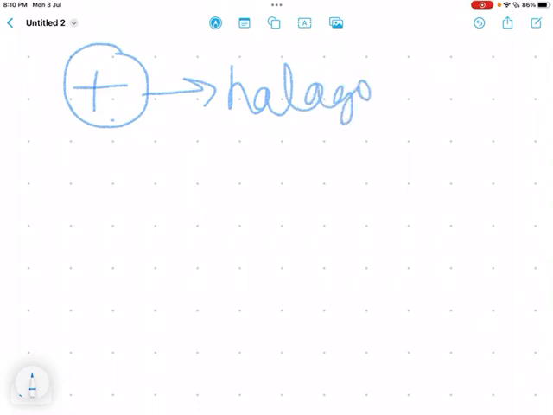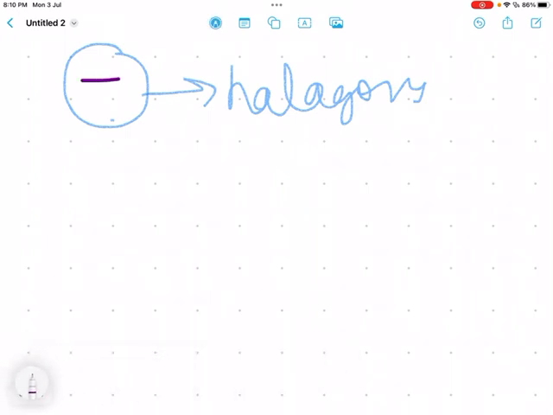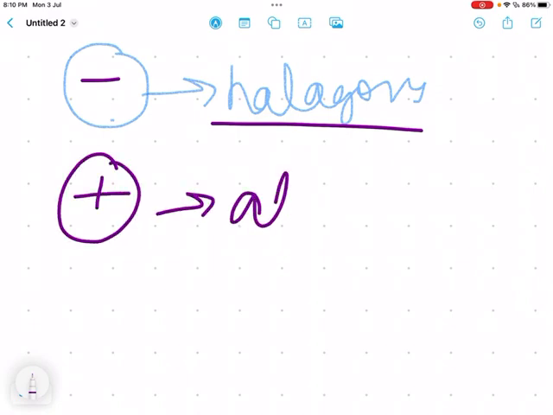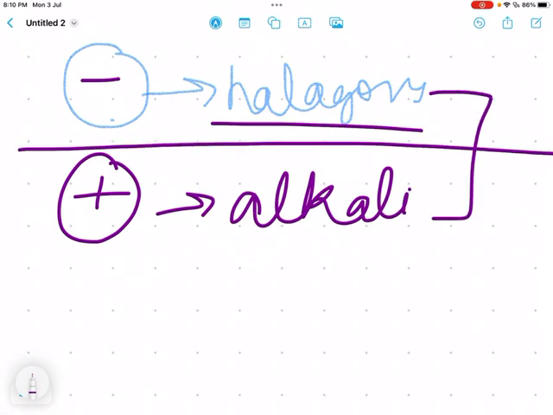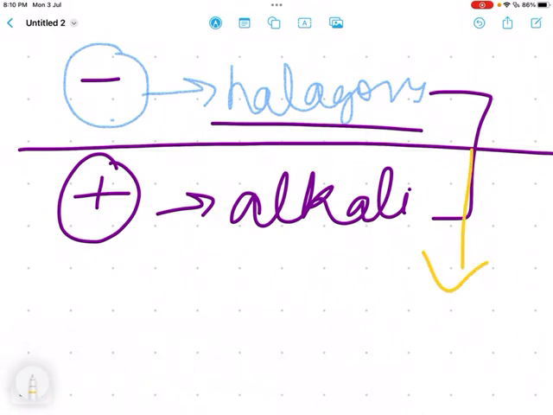Once again: the electronegative halogens and electropositive alkalis are separated by the noble gases. This is the first point they are giving.